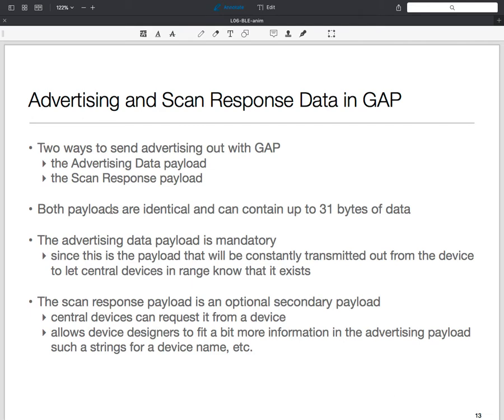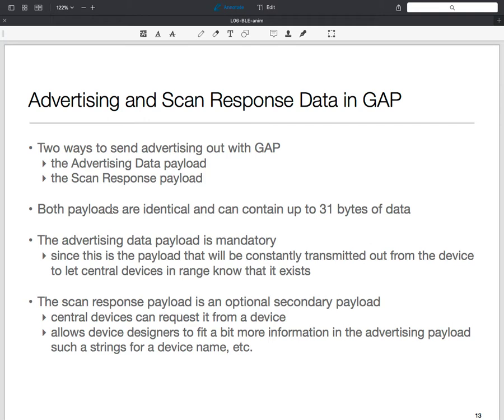So there are two ways to send out payloads in this whole system. One is the initial advertisement that you are sending out. You can include some data in that. And then there is a second opportunity. This is still without establishing a connection, where a peripheral may send a response, an acknowledgement to your advertisement, and in return you are allowed to send a scan response.